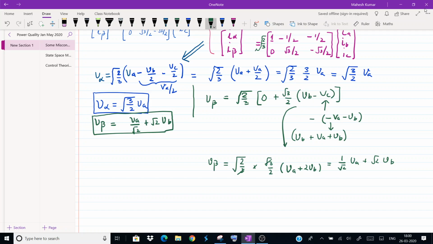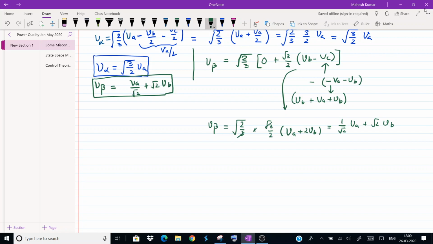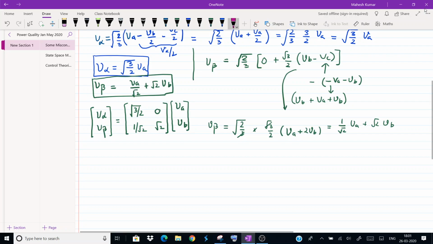These two equations transform this 3 by 3 matrix into a 2 by 2 matrix, and hence we can write V alpha and V beta as root 3 by 2 times the matrix with 0 here, 1 by root 2, and root 2, closing this 2 by 2 matrix, multiplying VA and VB. So now we have expressed it in terms of A and B.